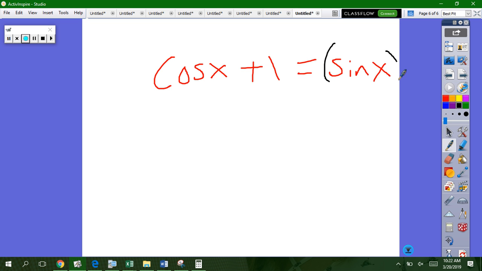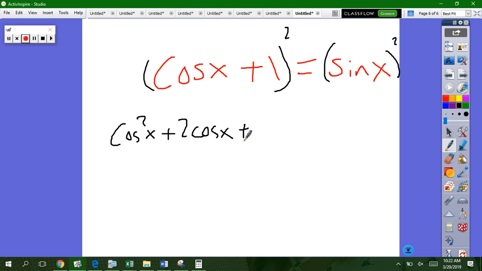Now notice the difference here once again. I'm going to come back to you, Abby. This is solving, not verifying. If I was verifying, I could not do this step. Okay, make sense? I'd probably times by my conjugate, top and bottom. So when I square this, I get cosine squared of x plus 2 cosine of x plus 1 equals sine squared.